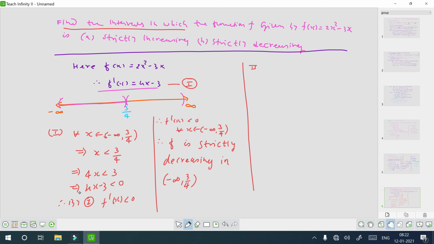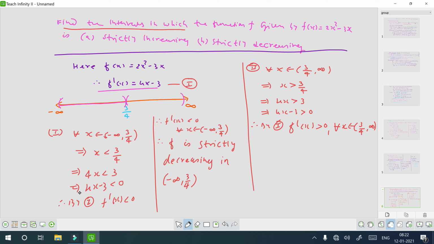Now, what is second part? For all x belongs to open interval 3 by 4 to onwards, that means up to infinity, this says that x is greater than 3 by 4. This says that 4x greater than 3. This says that 4x minus 3 greater than 0. And therefore by 1, f dash x is greater than 0 for all x belongs to 3 by 4 to infinity.